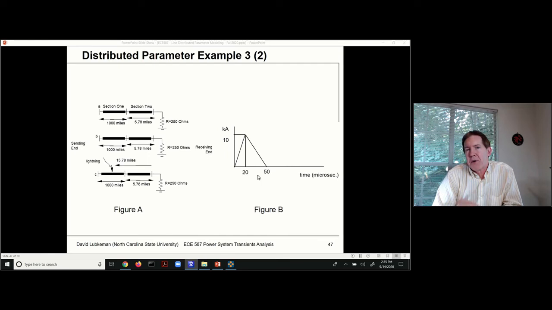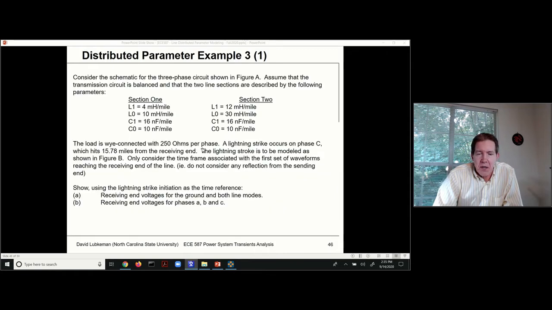We'll talk more about some typical numbers for lightning strikes. In a lot of these examples, I'm choosing round numbers to make these easier to work by hand. But you want to model a lightning strike on phase C, and we want to see what the impact is going to be at the load. This load is a Y-connected 250 ohm load. What you're given in this case are all these different inductances, L1 and L0, and C1 and C0.